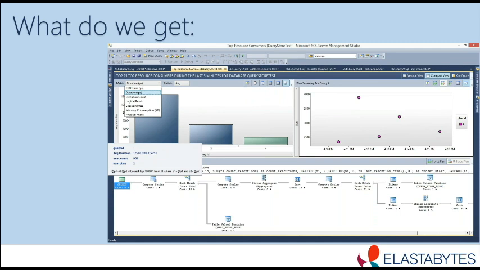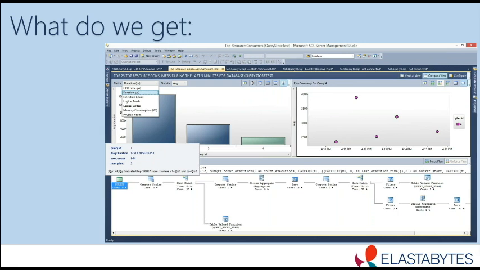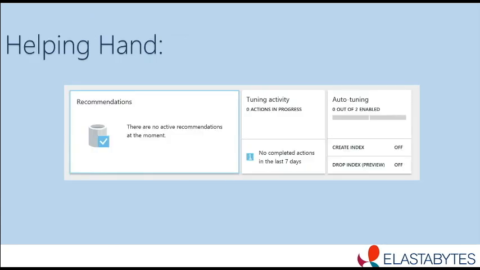Helping hand. You also get from the Azure SQL Server service the ability for SQL to create the indexes for you, and it can be very useful. For example, if you don't have in-house experience of creating indexes, SQL can do it for you. So instead of not using any indexes at all, you might say, okay SQL, go ahead, check what I'm doing, check how the data is performing, and apply indexes for me. This is where Microsoft is giving you the ability to do lots of monitoring and tuning straight out of the box.